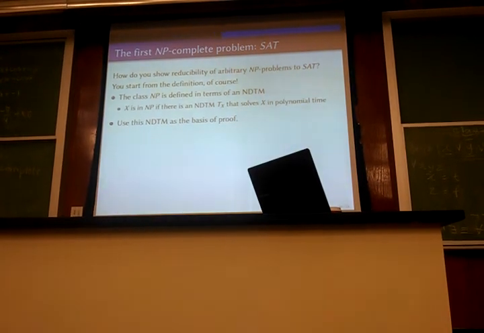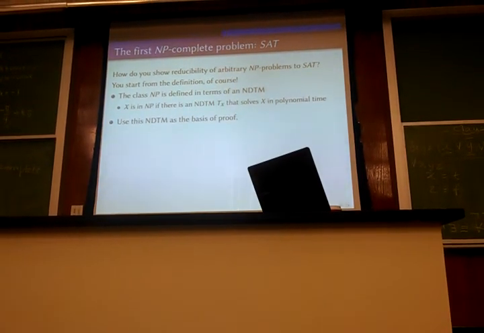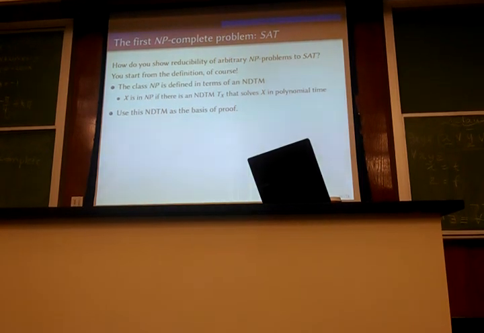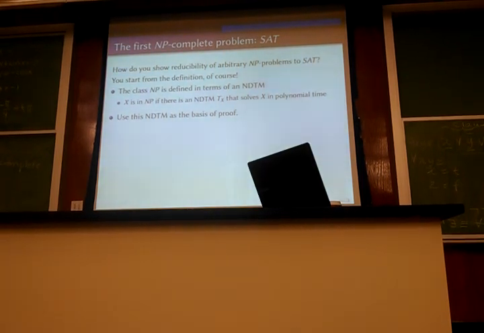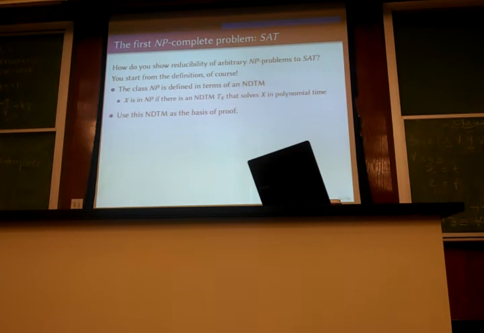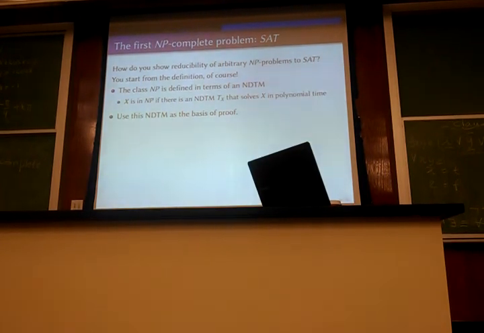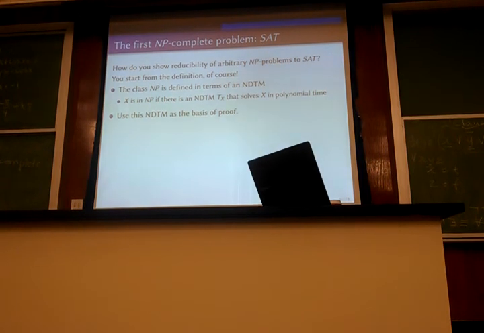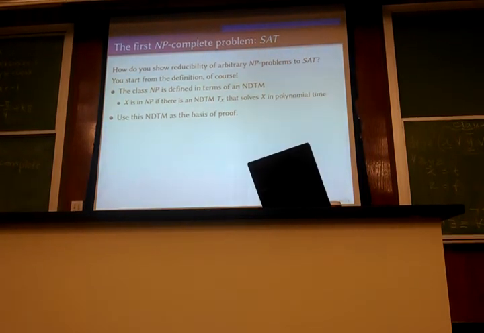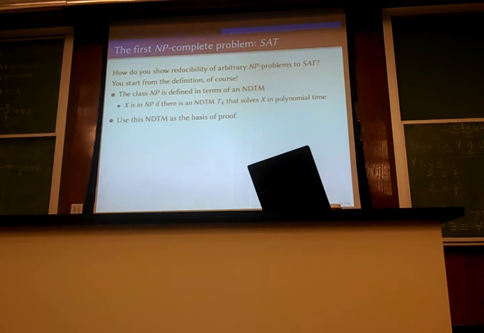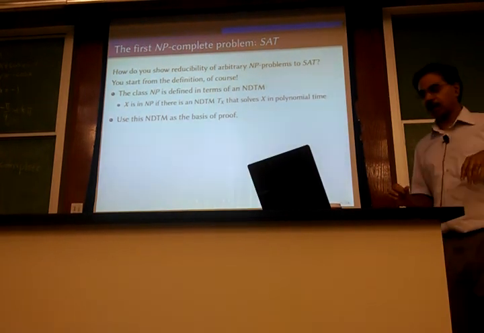Then I can take this program and do some construction given this concrete program. That's exactly what's happening here. The program is in the form of a non-deterministic Turing machine, and I'm going to take this program and munge it and come up with a formula.